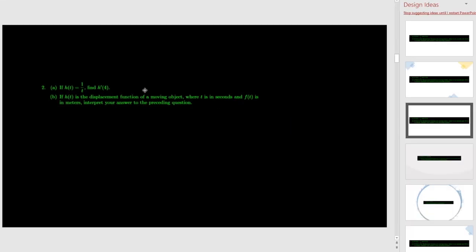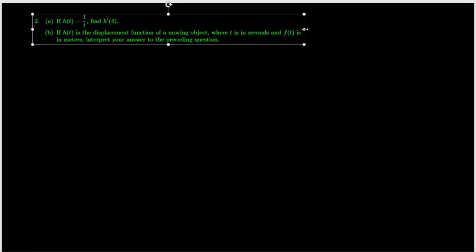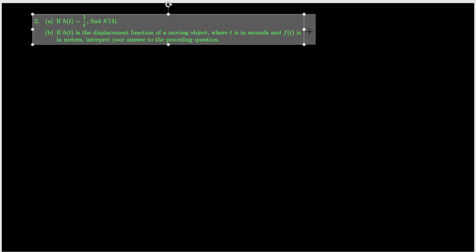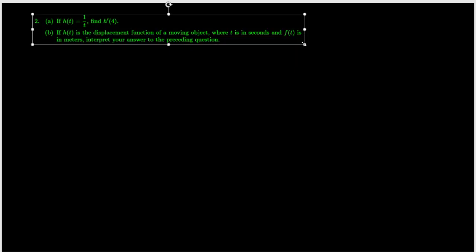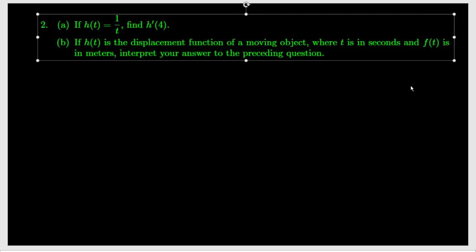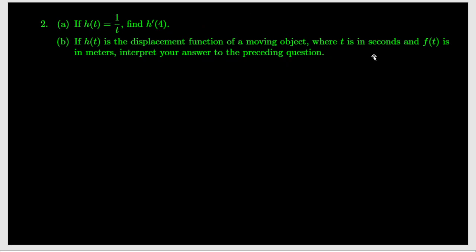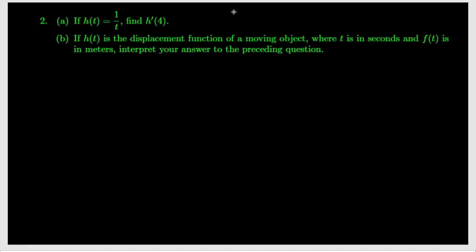Now for question 2, I'm going to do this question, but I will modify this question for you guys to do a similar question for the assignment. So I will replace this 4 with some other number.